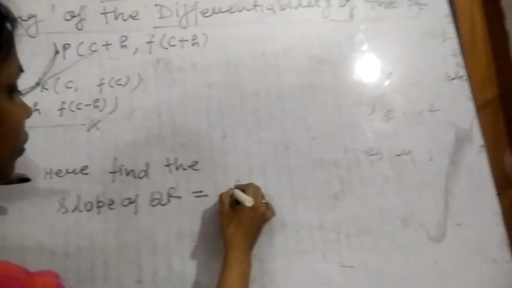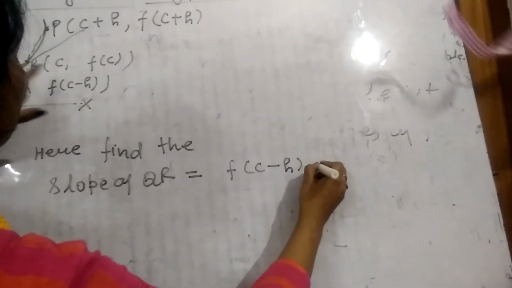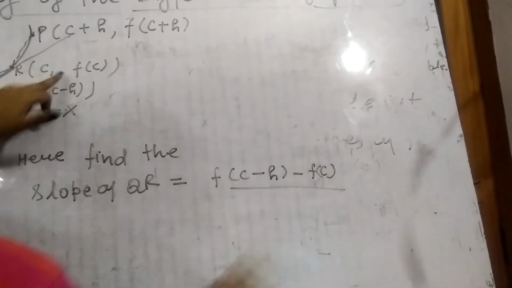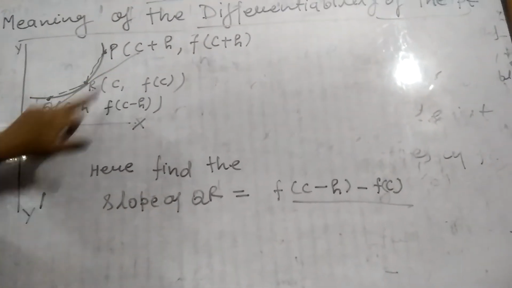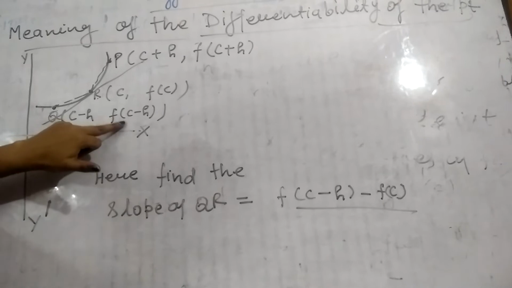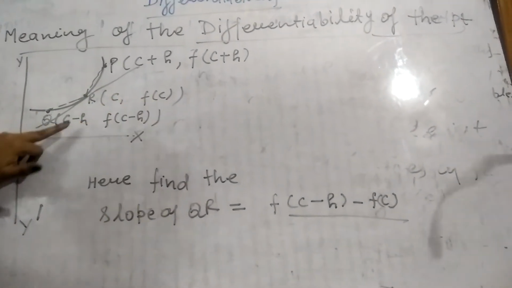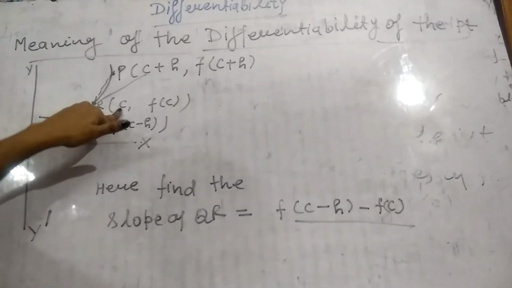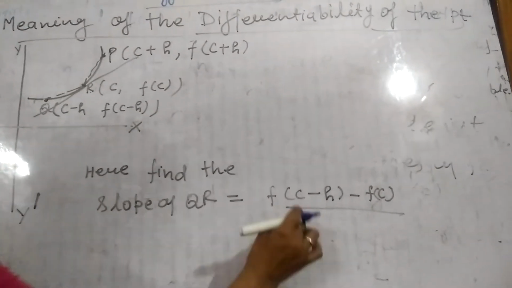The slope formula is (y2 minus y1) upon (x2 minus x1).